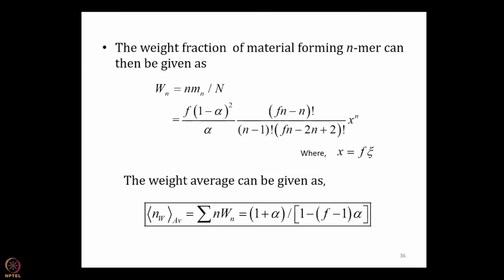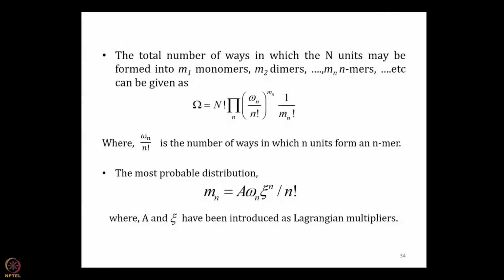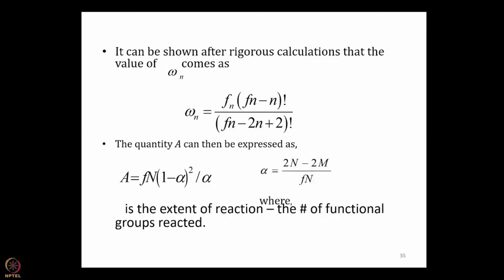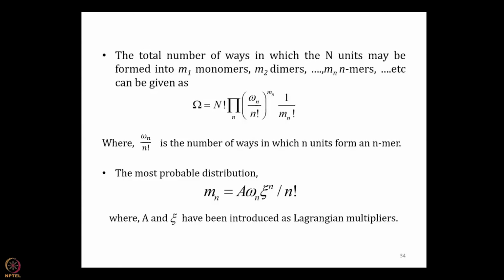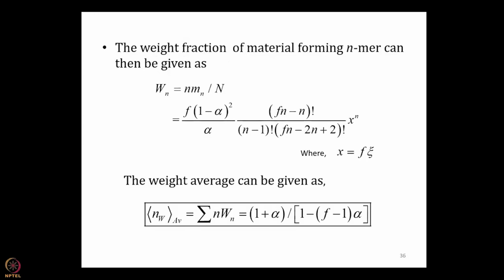That is Mn by N. Then I put this Mn expression in the last equation, and I use the A here, and then I get a small transformation of variable, zeta to the power n. There is f to the power n, which becomes x to the power n on the extreme right of my right hand side equation. And Fn minus n factorial, as I said, is there. So that is Wn.